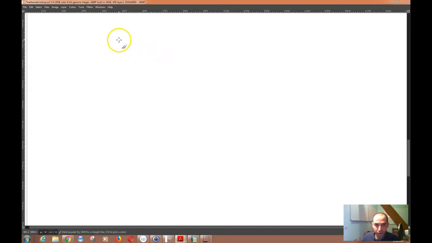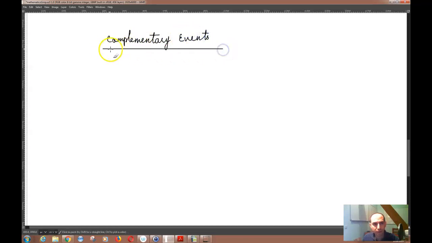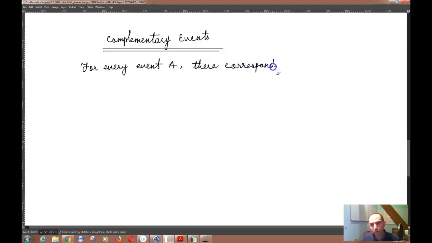About complementary events, what we said was that for every event A, there corresponds another event A prime, called the complementary event to A.